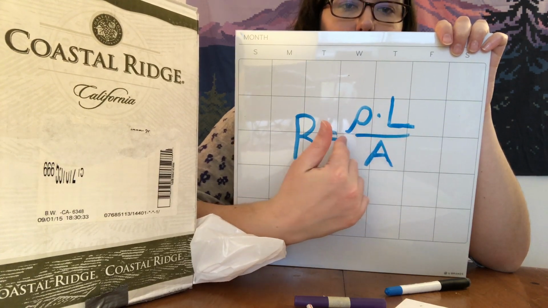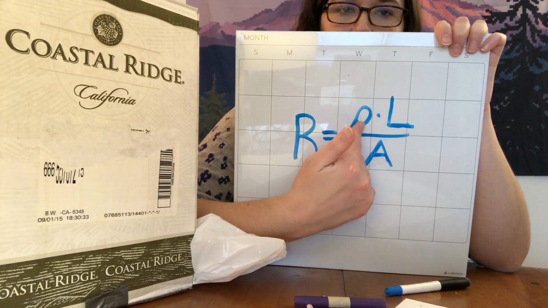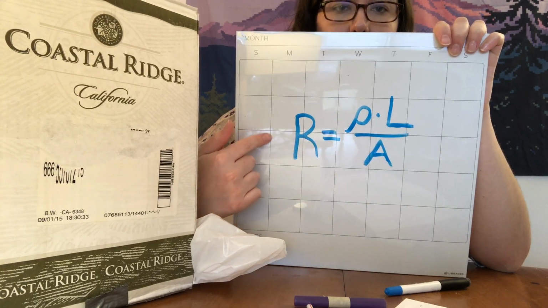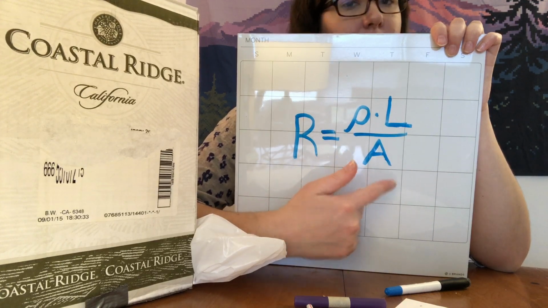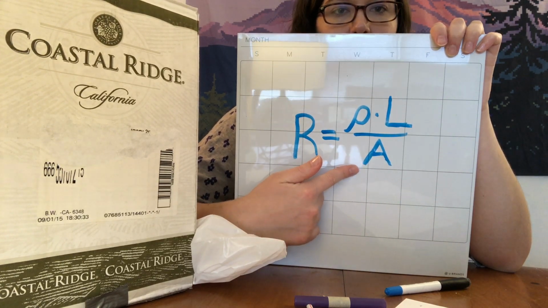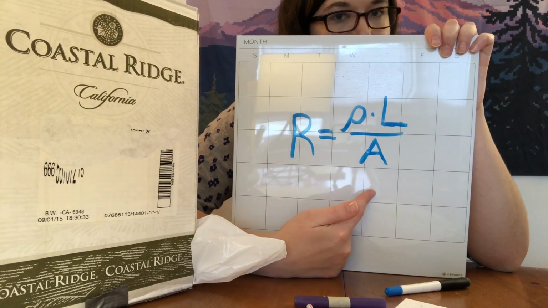Resistivity and length are both on the top, meaning they have a direct relationship. Increasing this number will increase the resistance. Increasing this number will increase the resistance. Versus the cross-sectional area down here, increasing this number will decrease the resistance because we're dividing by a bigger number.